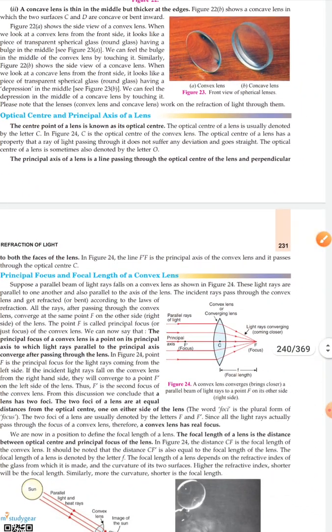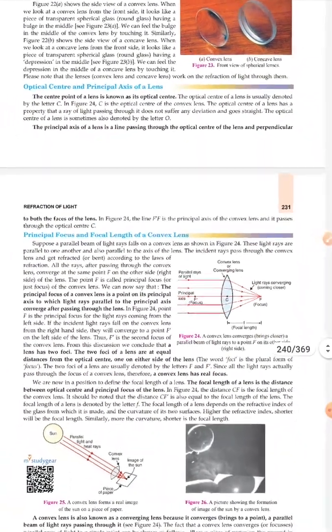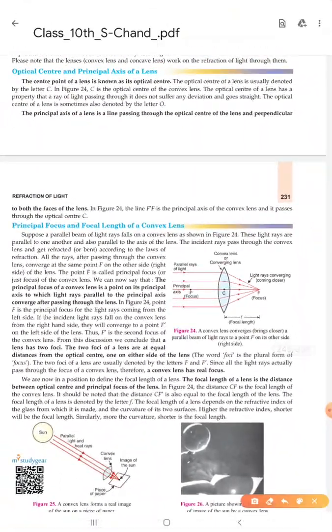Now we discuss the principal focus of convex and concave lenses. Focus is also very important. There are two types of focus in convex and concave lenses, and we discuss the principal focus. A convex lens is also called a converging lens.